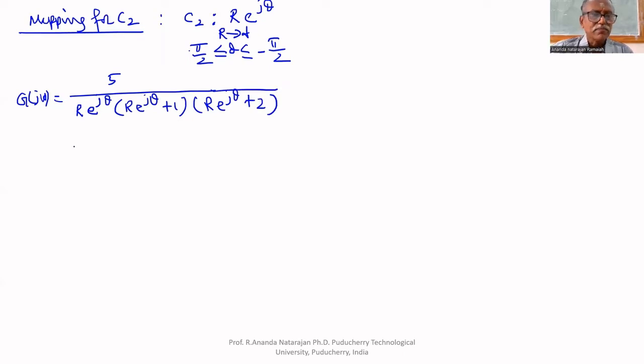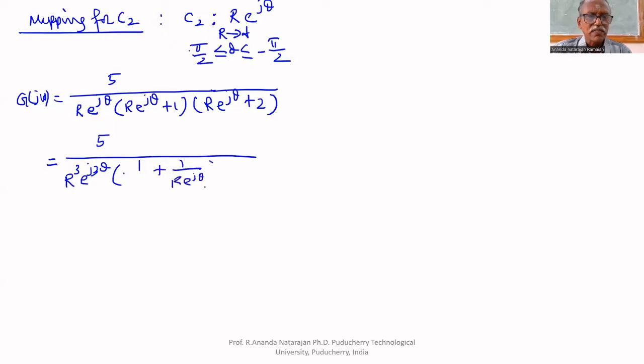If you take R e power j theta outside, what you will get is R cube e power j3 theta, times 1 plus 1 by R e power j theta, 1 plus 2 by R e power j theta.